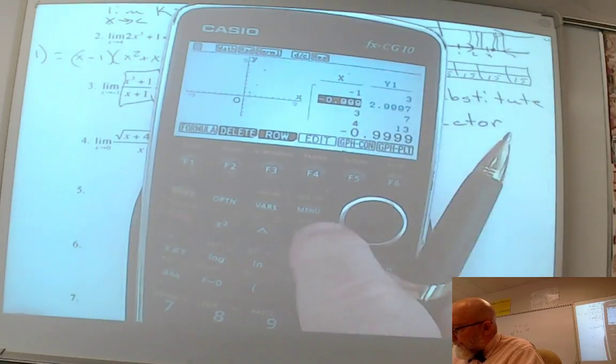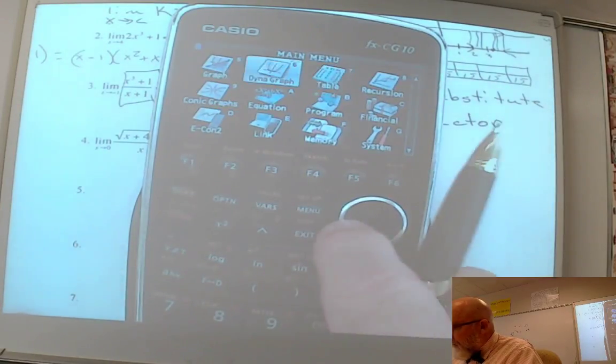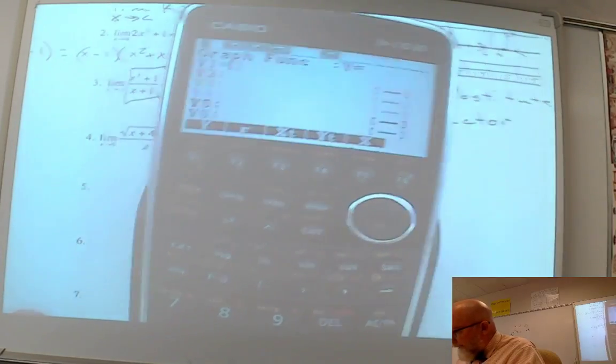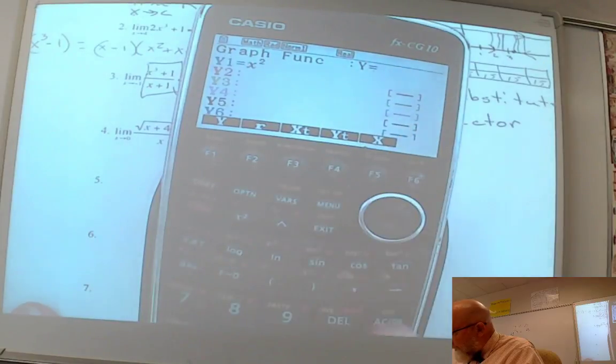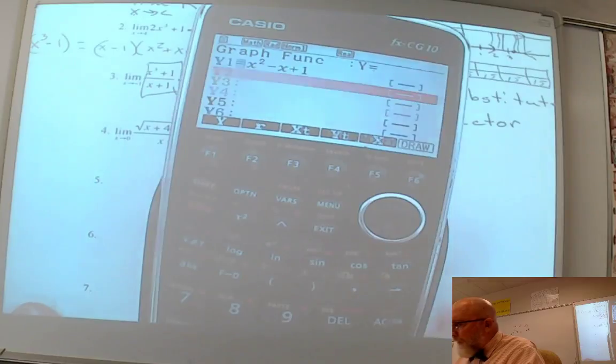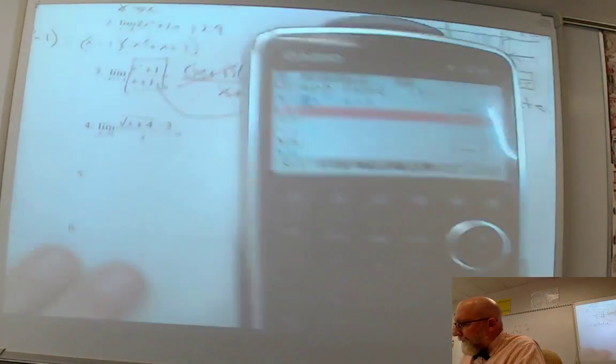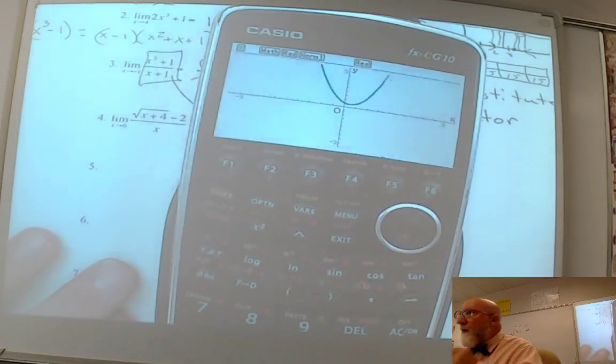Now, menu, exit, delete, and I'm going to put in this graph, x squared minus x plus 1. Where did I get that? That's this one right here. Draw. What do you notice?